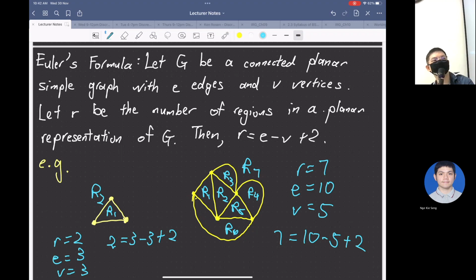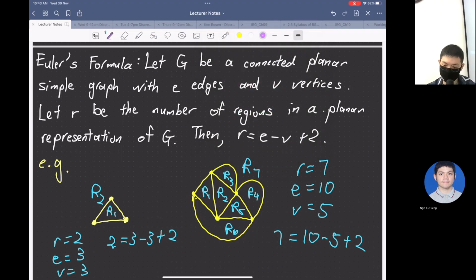Yes, so what's wrong with these two? Why does adding 2 make everything correct? This is a magic number here. Actually there's a name for it.